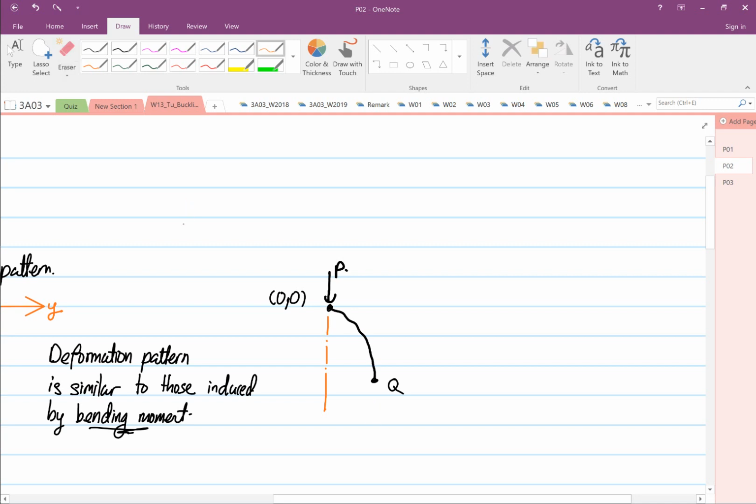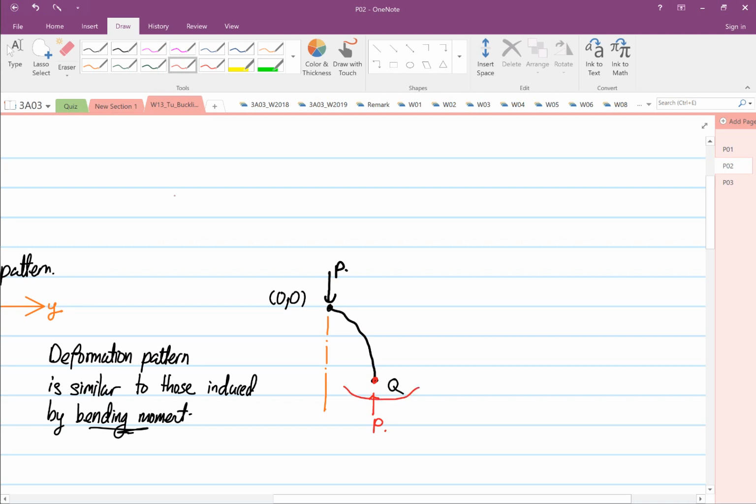So at point Q you have a reaction P. If you were to put your fixed point at point Q, P will induce an anti-clockwise rotation.